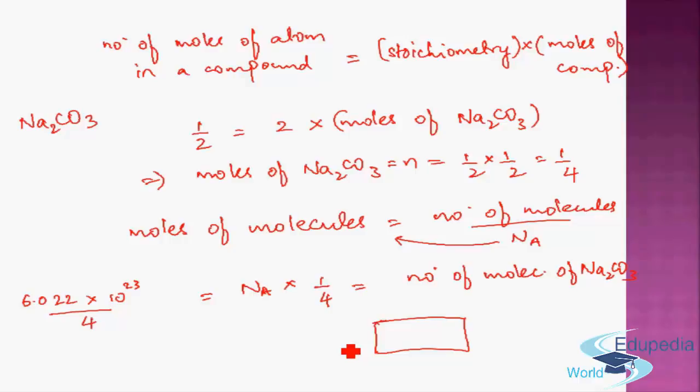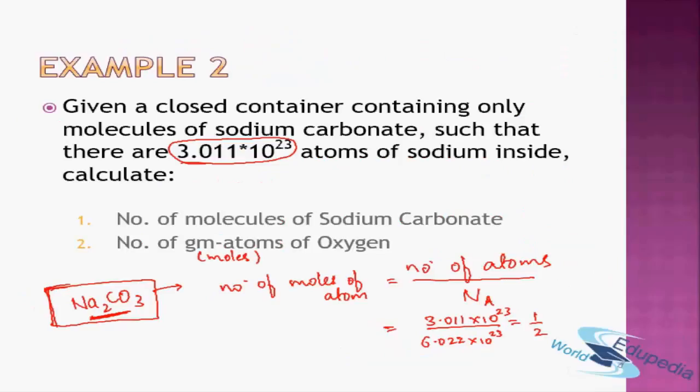Similarly, you must understand the difference between moles of the given compound and the moles of any given element in that compound. For example in sodium carbonate, the amount of sodium and amount of carbon and amount of oxygen is all different from one another.